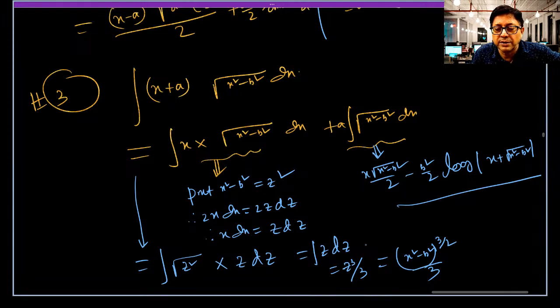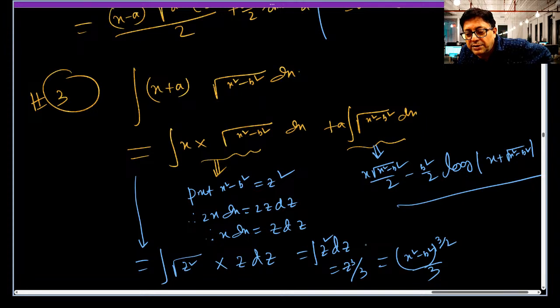So it will be z square. Oh, sorry. Z square will be z cube by 3. That I have written. Clear? So the sum of these two will tell you the answer.